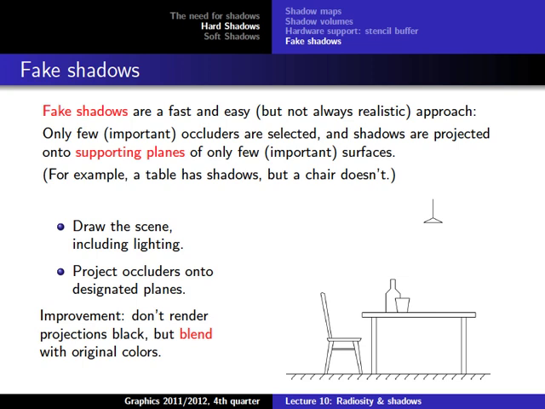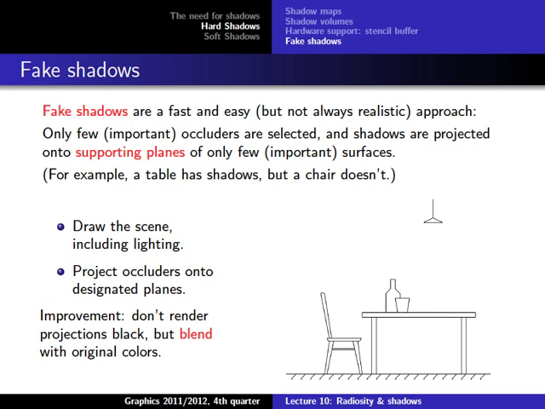The idea is basically to make a couple of simplifications that make the shadow calculation easier, but not as accurate, and to avoid situations where a little mistake in the shadow calculation might be apparent. That's why it's called fake shadows. And the idea is to make 3 simplifications.